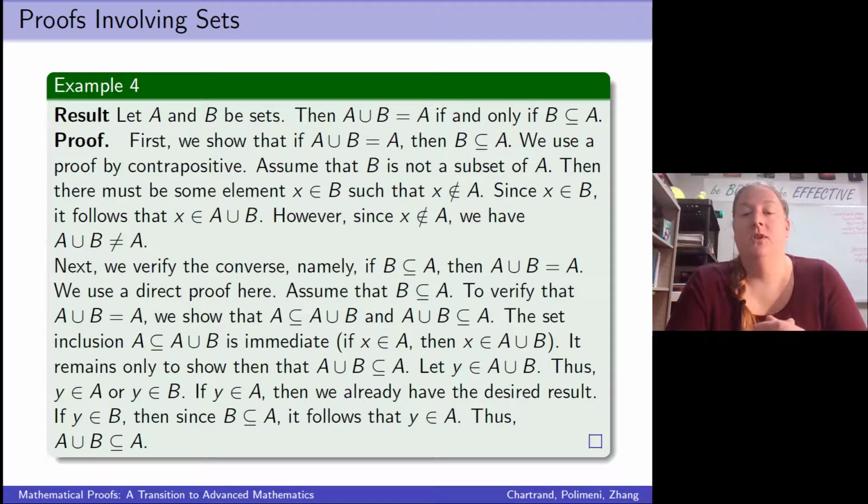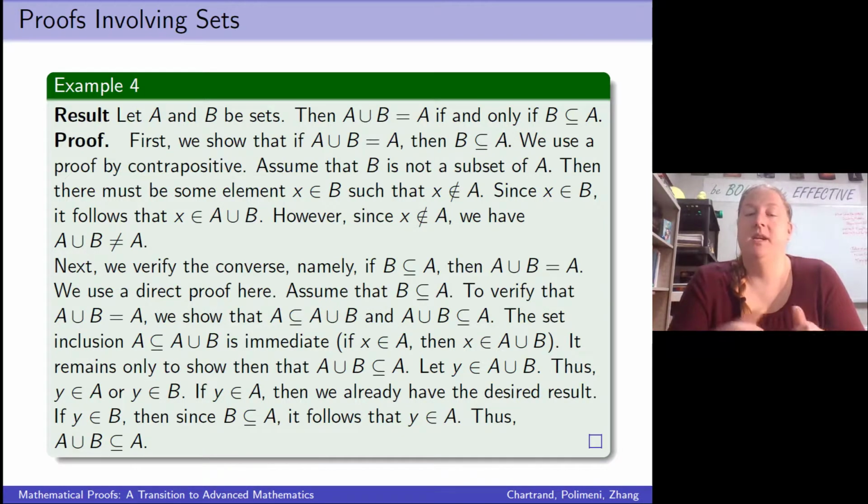Now, I'm going to show that A union B is a subset of A. This one has a little bit of work to do. I'm going to take an element y and say it's in A union B. That means that y is in A or y is in B. Now, if y is in A, then we already have our result.